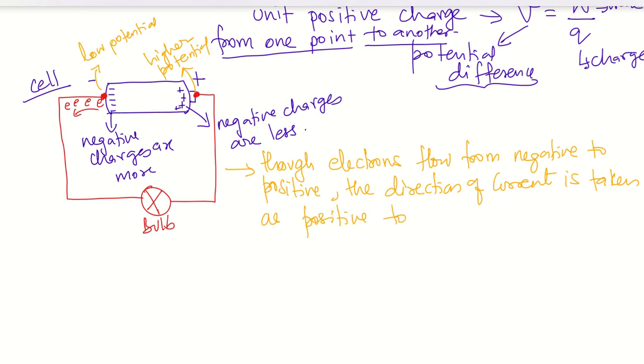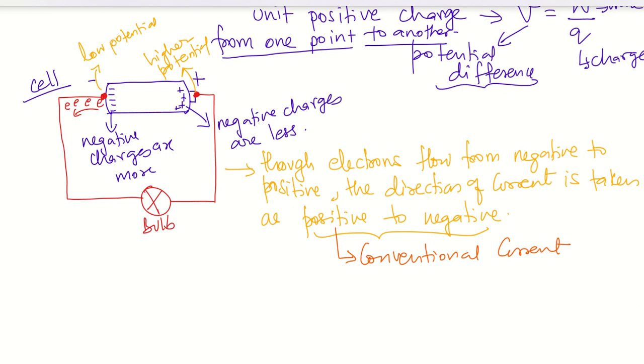This is very important. This path that you see here is not the actual path of the electrons. This is also known as the conventional current.